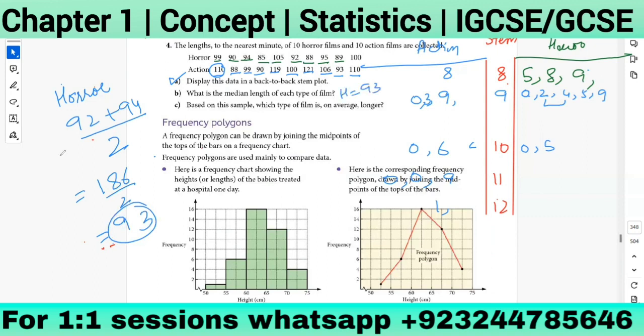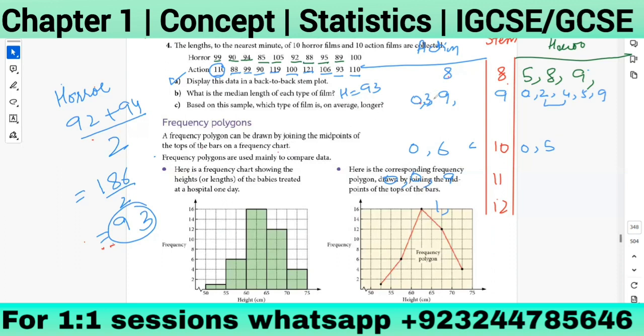Now can you find it for the action one? Done.